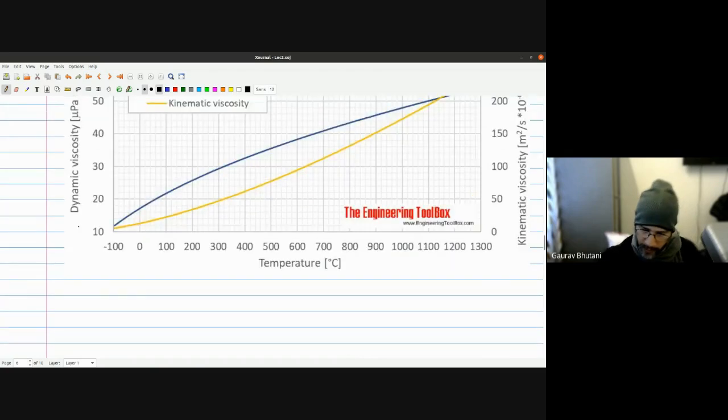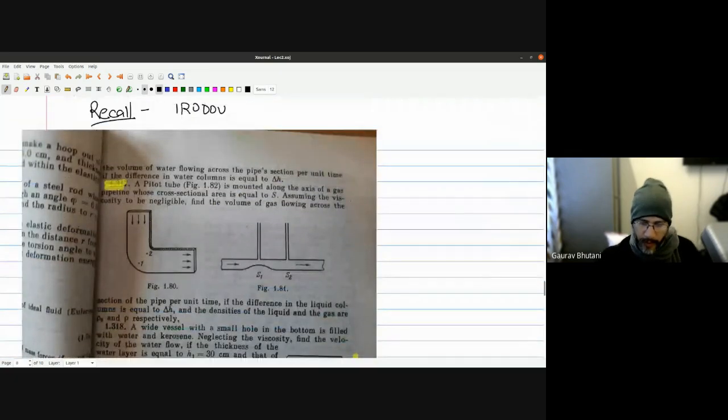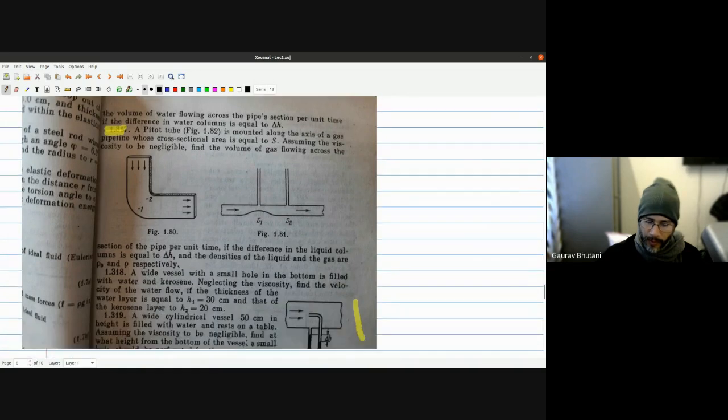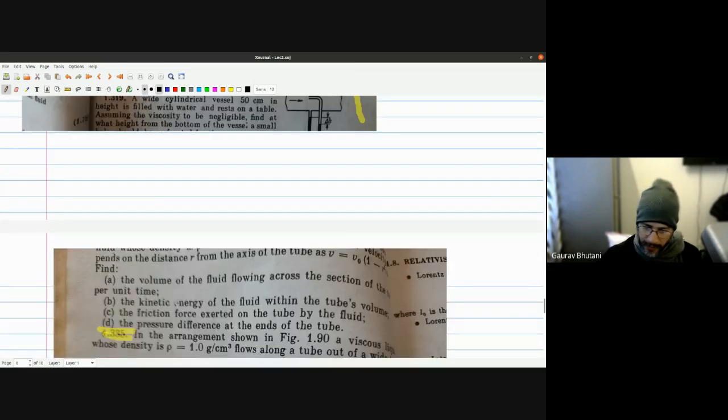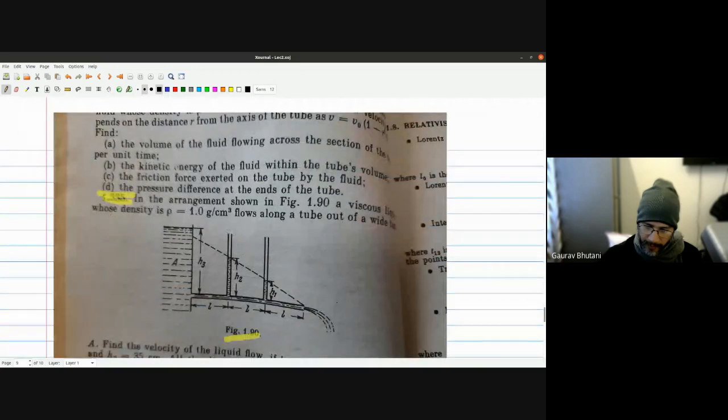Let's see if I have those problems. Yes, I've put a couple of problems here. Please practice them. There is a problem of a pitot tube here. Then there's a problem of viscous fluid and how you can solve problems related to that.